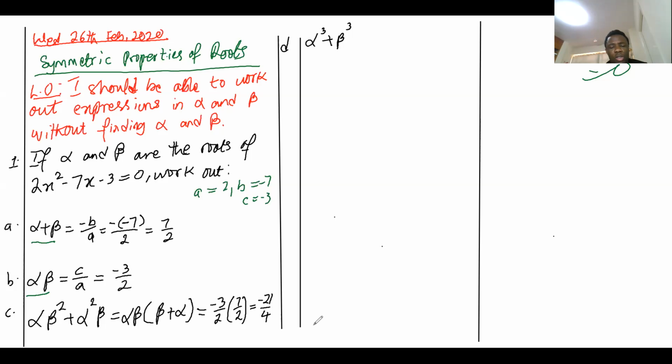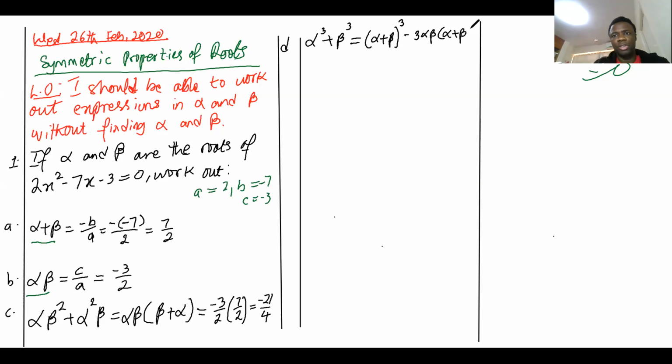I'm sure you can all see it on our WeChat. Can everybody access it in our notes? The relation labeled 4. Can you see that? Yes. So that's what we need to state. We state that this is equal to alpha plus beta all cube minus 3 alpha beta into bracket alpha plus beta again.